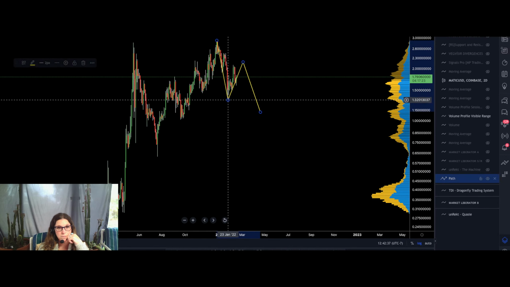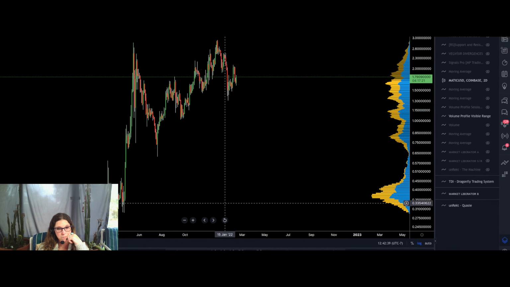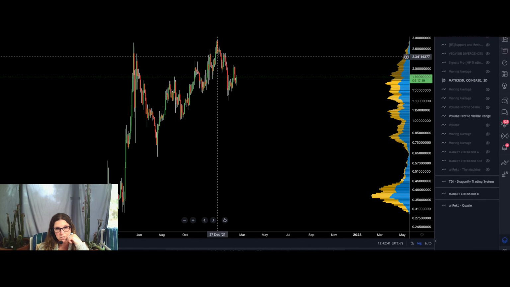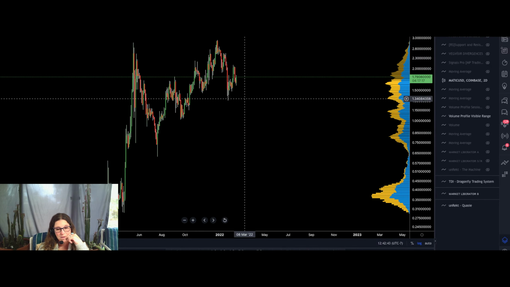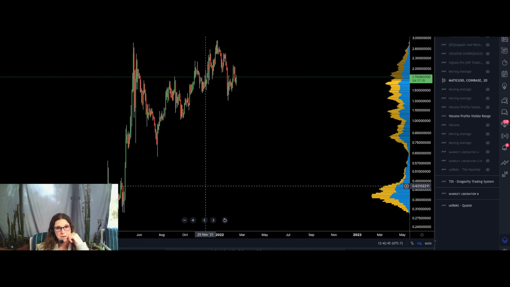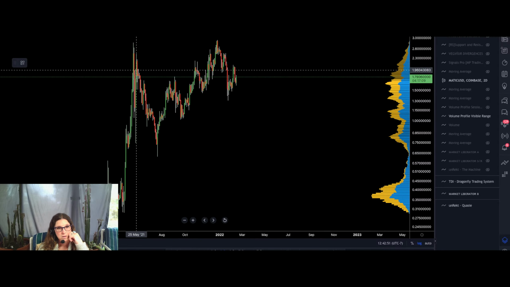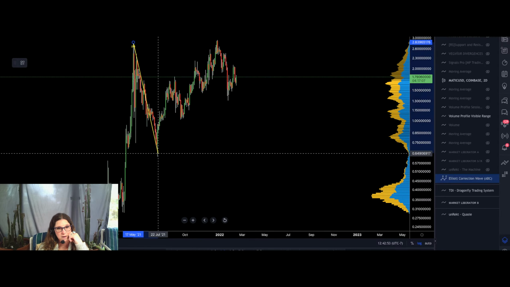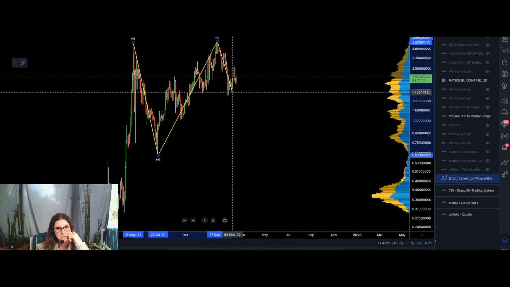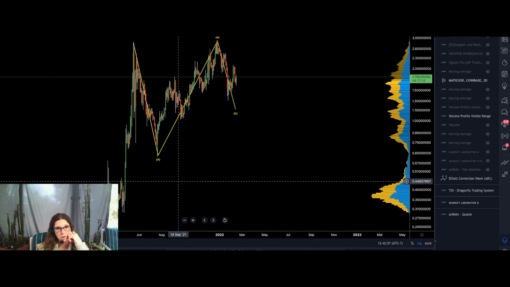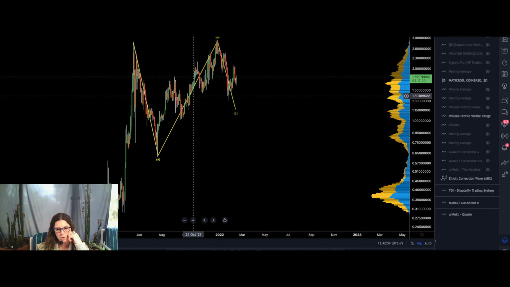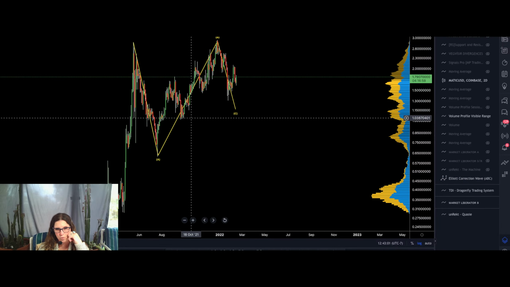But if not, this correction is so big that I don't see this pullback, this and then this, being a wave four, like Bitcoin and ETH. We're thinking those are wave fours.